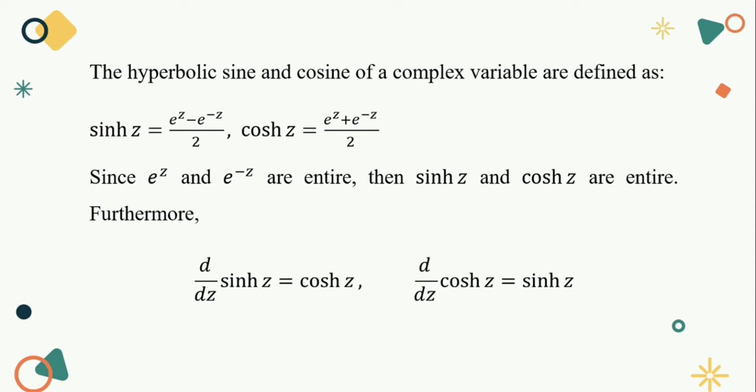Since exp z and exp negative z are entire, then sinh z and cosh z are entire also. Furthermore, the derivative of sinh z with respect to z is equal to cosh z, and the derivative of cosh z with respect to z is equal to sinh z.